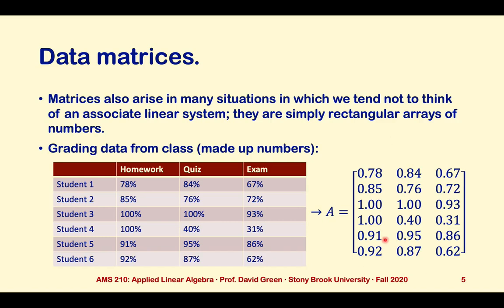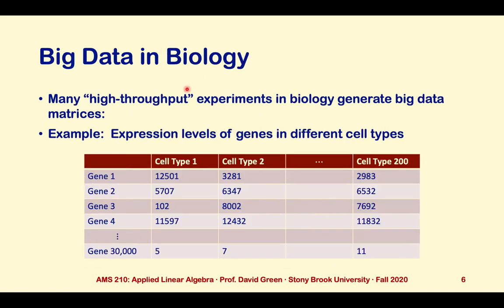But we can also just look at the matrix as a data storage unit, if you will. Matrices of this sort, especially large matrices of this sort, arise in all sorts of different applications.